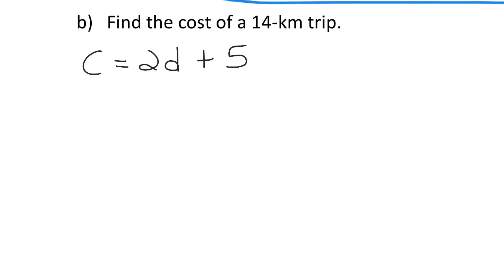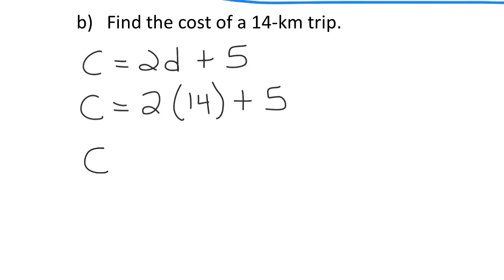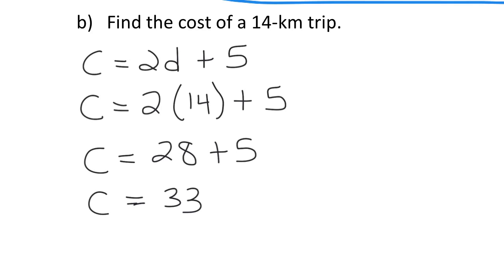Question B asks us to find the cost of a 14-kilometer trip. So now that we have our equation, we can simply take 14 and plug it into the place of D. That's our distance. So 2 multiplied by 14 is 28, and 28 plus 5 is 33.